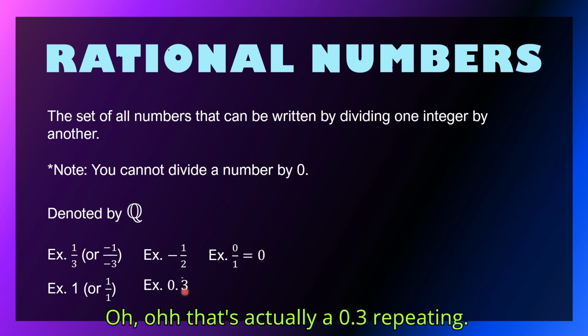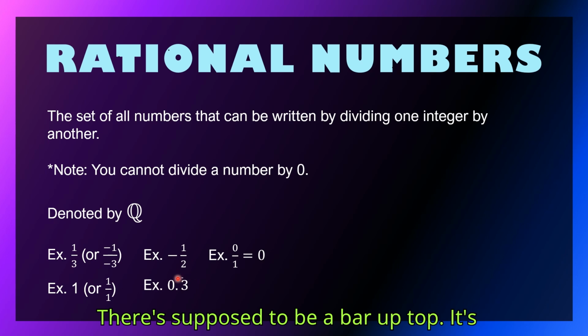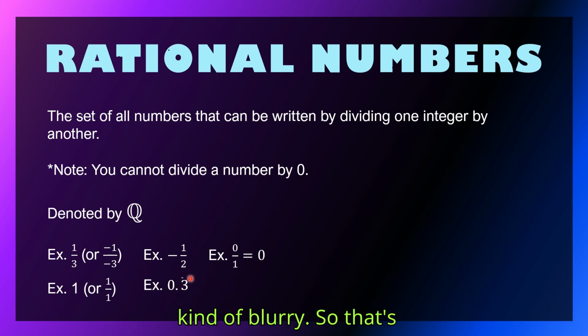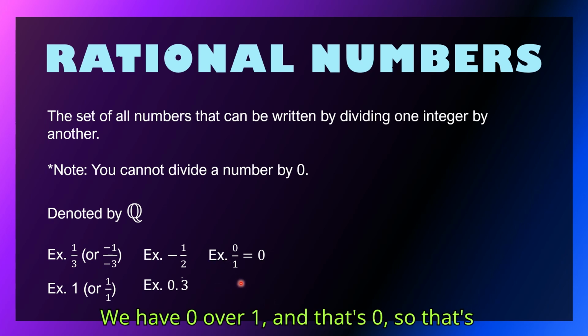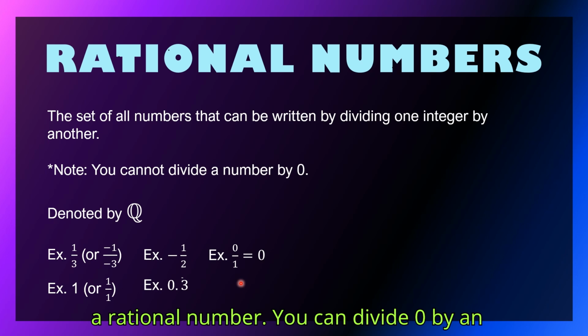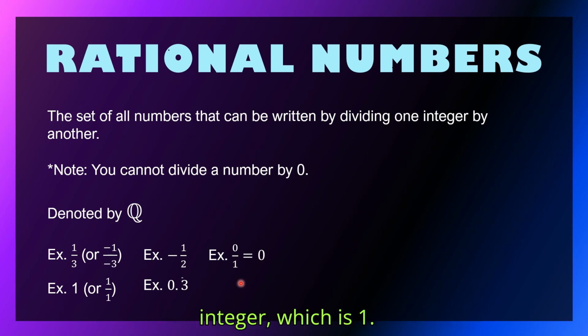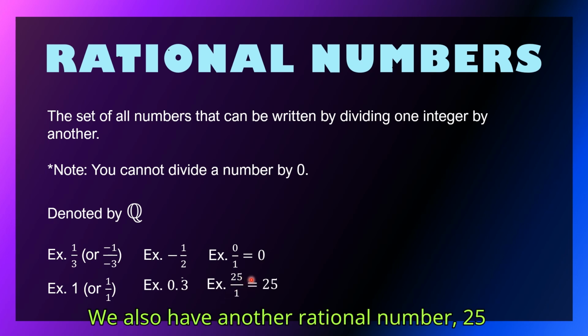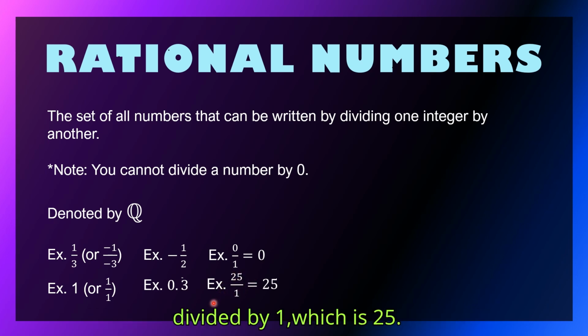Next is 0.3 repeating. There's supposed to be a bar up top, but it's kind of blurry, so that's also a rational number. We have 0 over 1, and that's 0, so that's a rational number. So you can divide 0 by an integer, which is 1. We also have 25 divided by 1, which is 25.